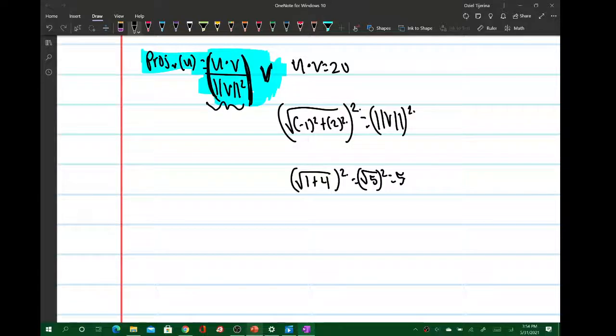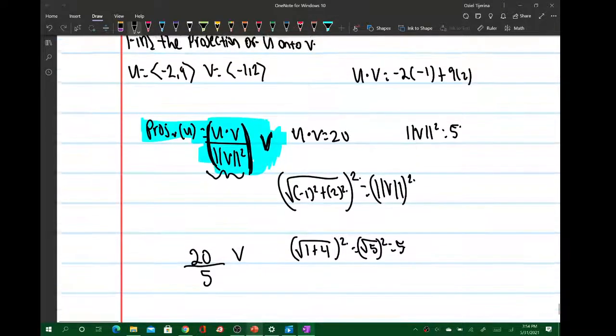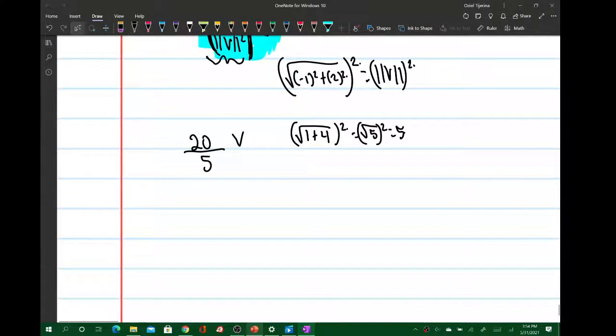So if we plug those in, we have 20 over 5, and then times whatever vector v is. So 20 over 5, that's 4, and we're just doing 4v.